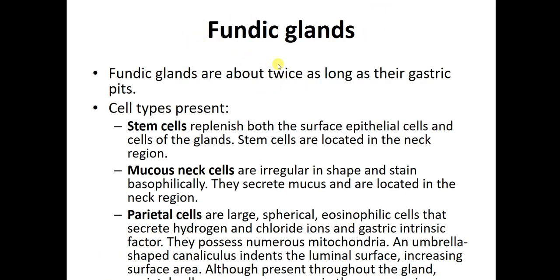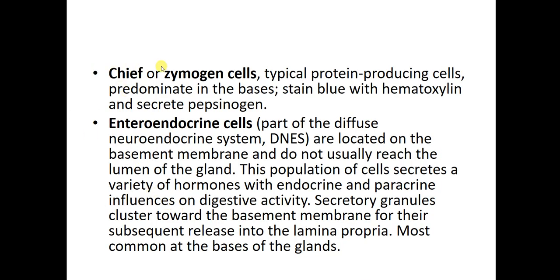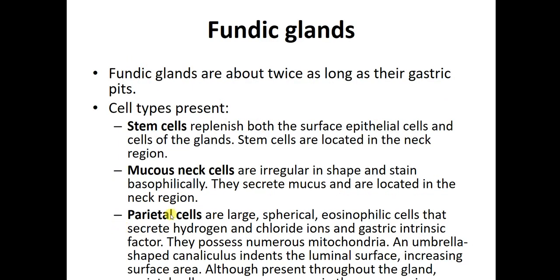Fundic glands. Fundic glands are about twice as long as their gastric pits. So they're much longer and more effective. Which cell types are present there? Stem cells, mucous neck cells, parietal cells, chief cells, and enteroendocrine cells, the same cells as we discussed before. They contain a maximum amount of chief cells and parietal cells.